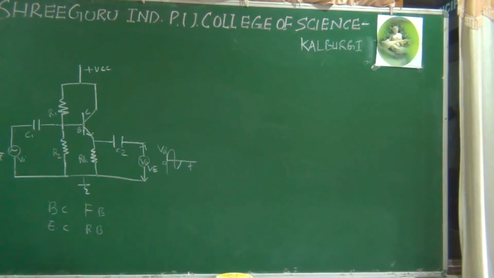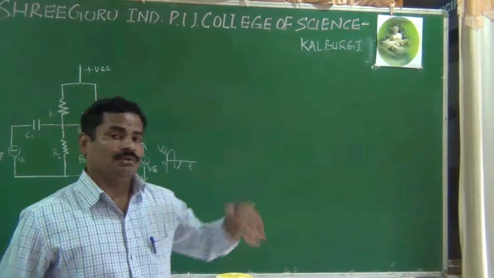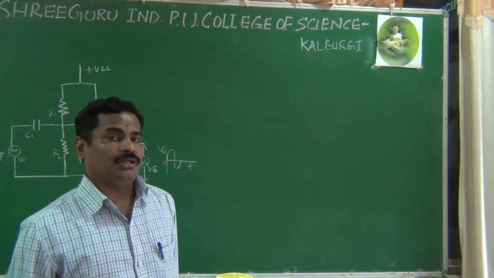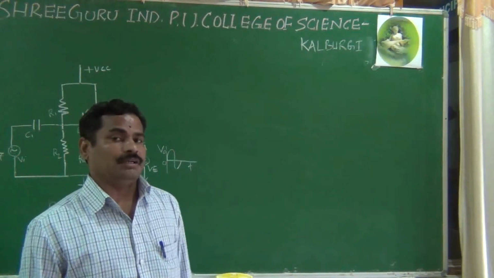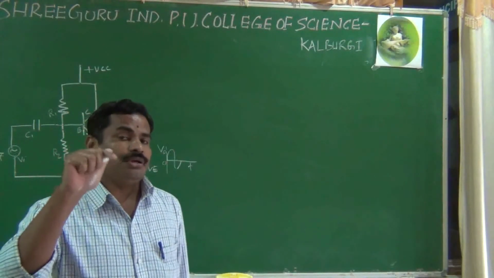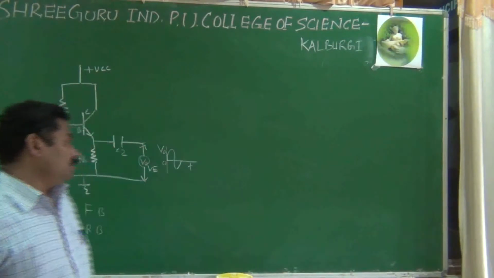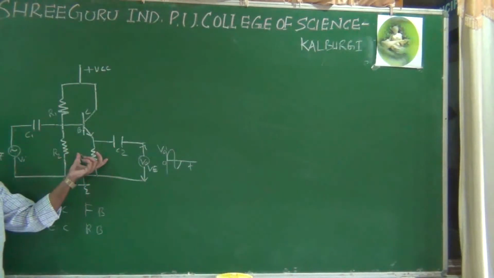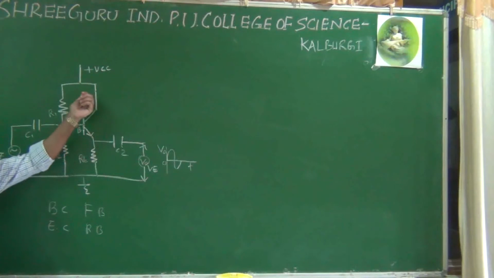Also, we are applying the input to the base and we will get the output from the emitter. Especially in your common base or common emitter, we get the output from the collector. But only in your common collector, we get the output from the emitter, not from the collector.